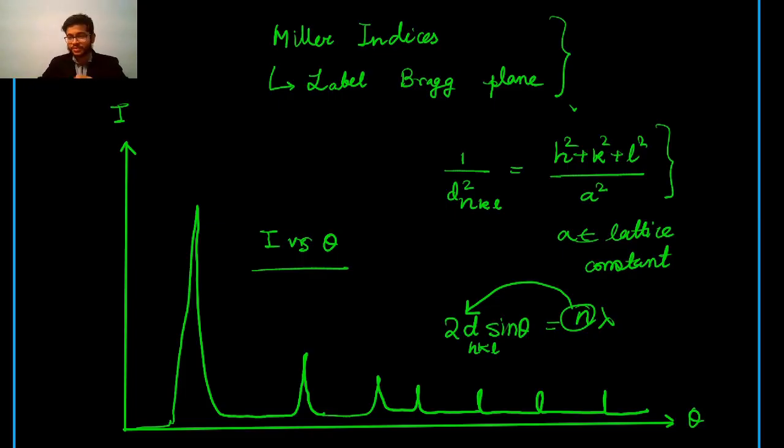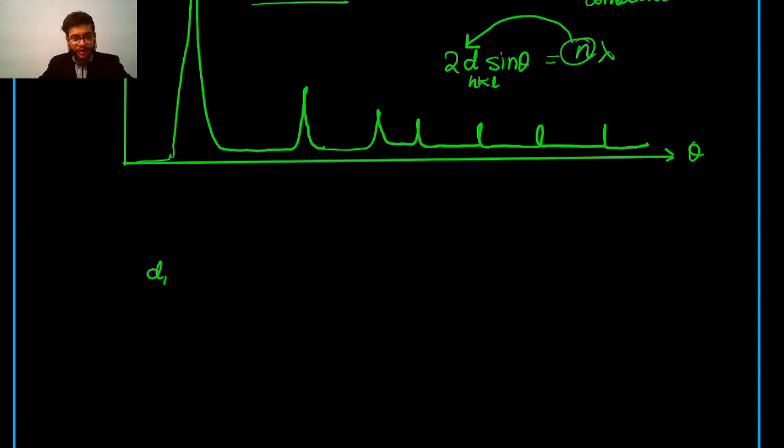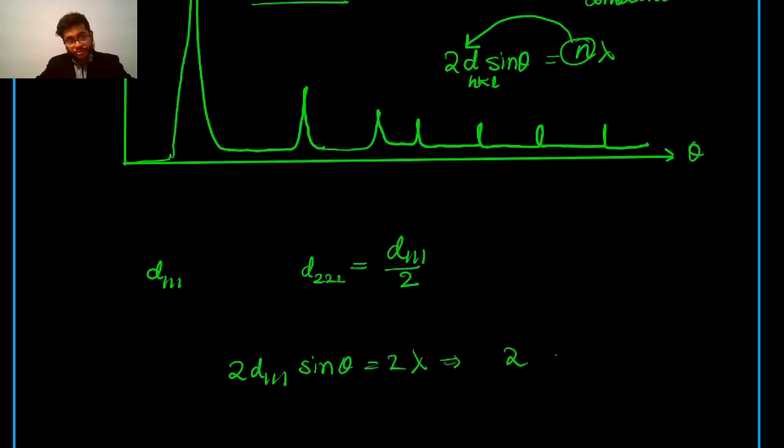For example, there is d111, and there can also be d222, which will be d111 by 2. So 2 d111 sine theta equals 2 lambda becomes 2 d222 sine theta equals lambda.